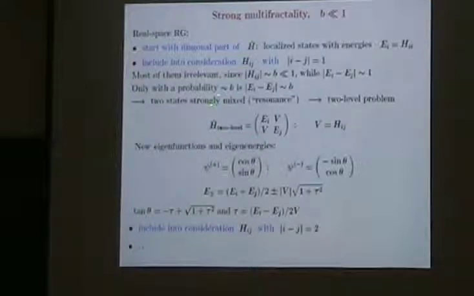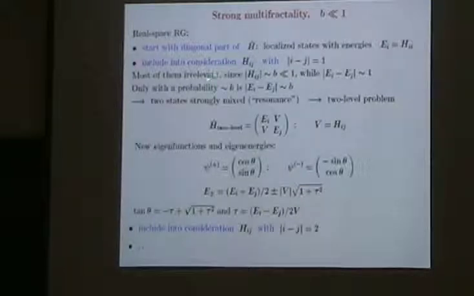It's pretty simple. You start with the diagonal part of your Hamiltonian, which has some random potential at each point. Then you include in the consideration matrix elements with |i minus j| equal to 1, which means hopping from each site to the neighboring site.